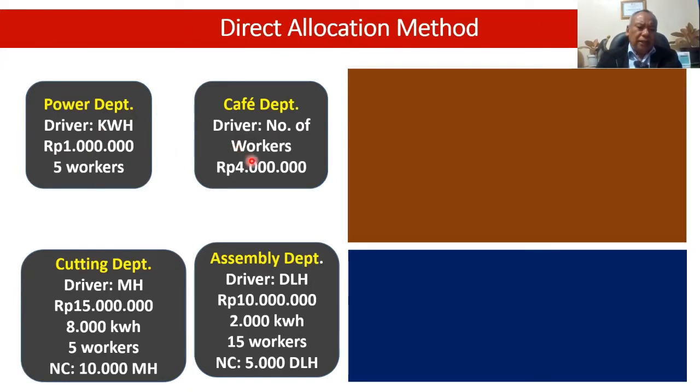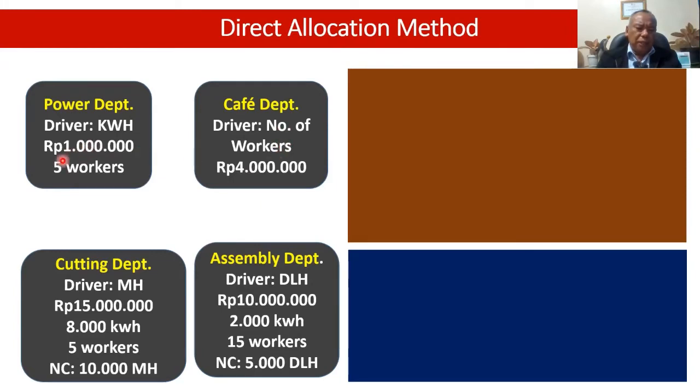The common facility costs will be classified as indirect department costs, and we need to allocate these indirect costs to each department.